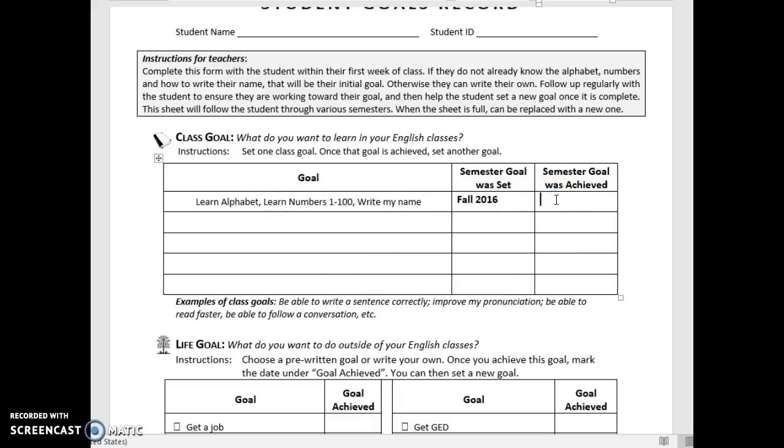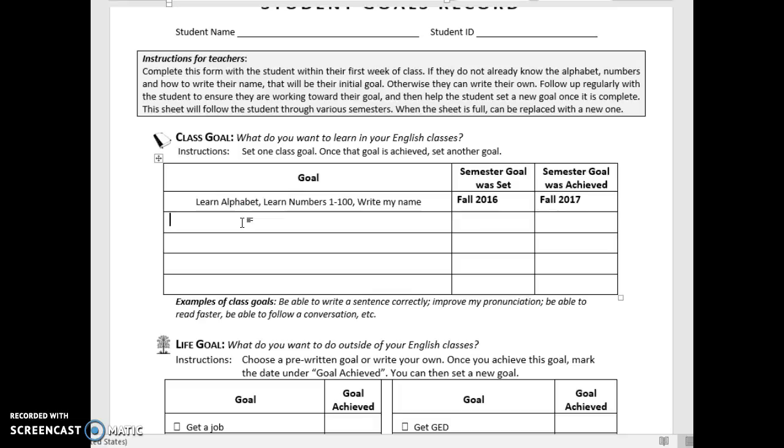So once the student has completed their goal, then you're going to write the semester when that was completed. So let's say with this one that this was completed in fall 2017. Now it would be time for the student to set a new goal.